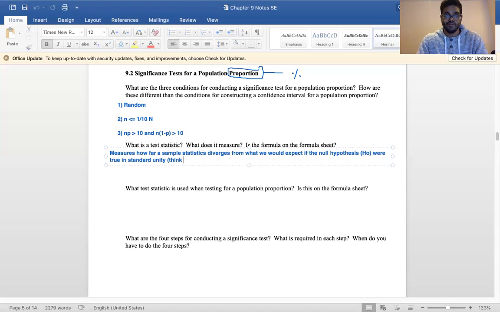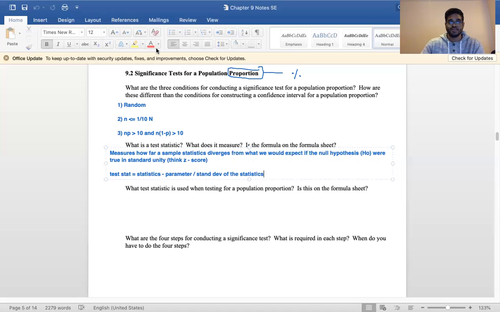Think z-scores, right? A z-score is a form of standard units. So your test statistic is equal to your statistic minus your parameter divided by the standard deviation of the statistic. And so this whole process of subtracting the mean and dividing by the standard deviation is called standardization.